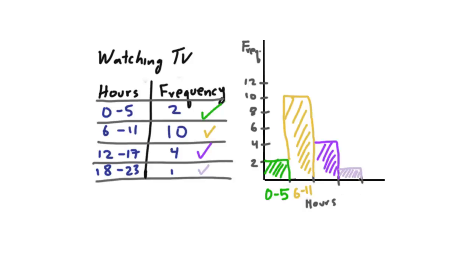Okay, well, let's label it first, 18 to 23, and the other one was 12 to 17. Okay, so make sure when you're creating the histogram that the bars are connecting, right? And make sure it's clearly labeled.